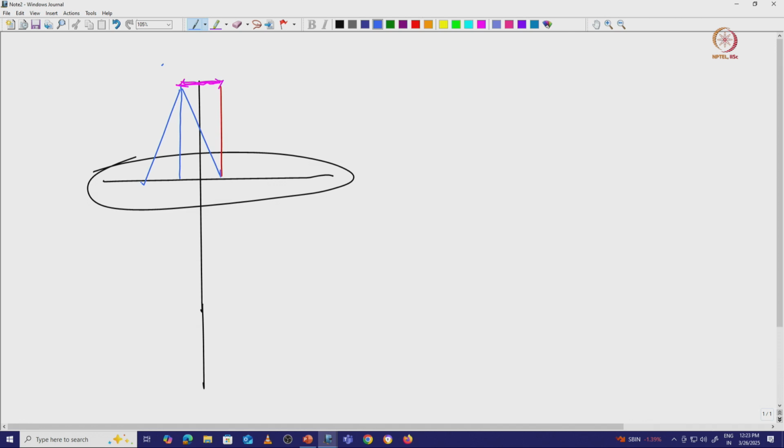It can come from all directions. The same thing is true for the red ray also: whatever rays are coming from one particular point here can go all the way here and all the way here. Okay. Now when it is traveling and going to give us an image at the bottom, at the image plane.